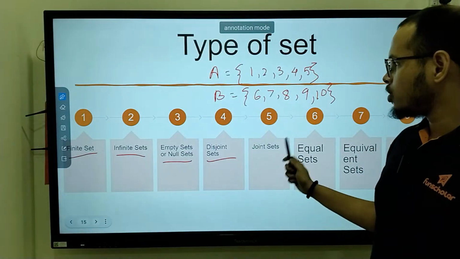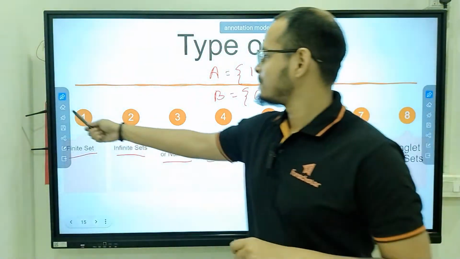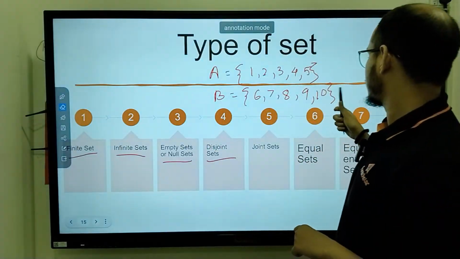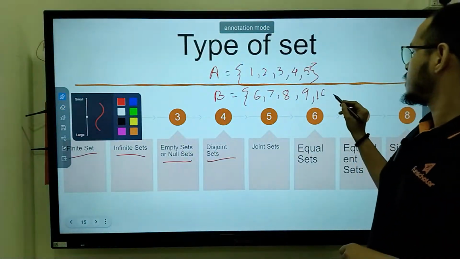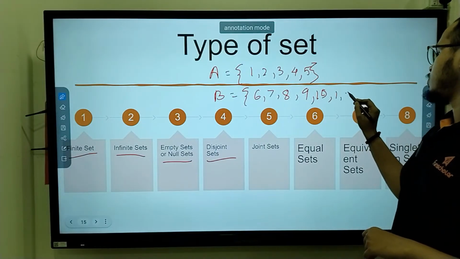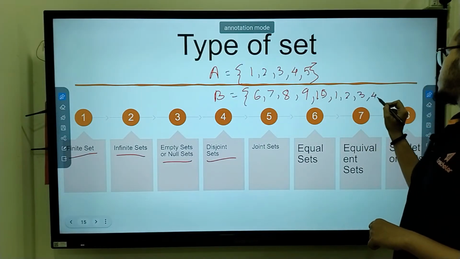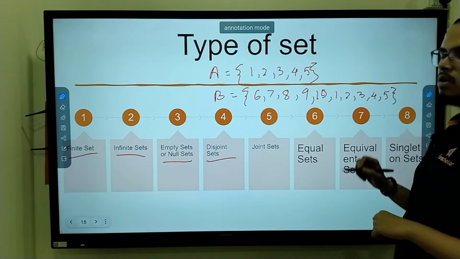Easy. Joint sets, if I say B is 1 to 10, then A is 1, 2, 3, 4, 5. Okay.